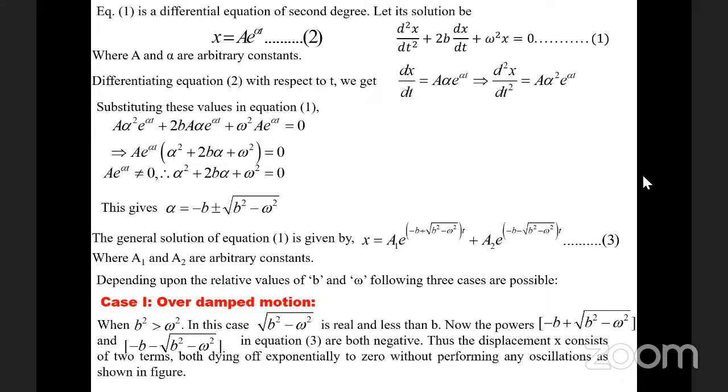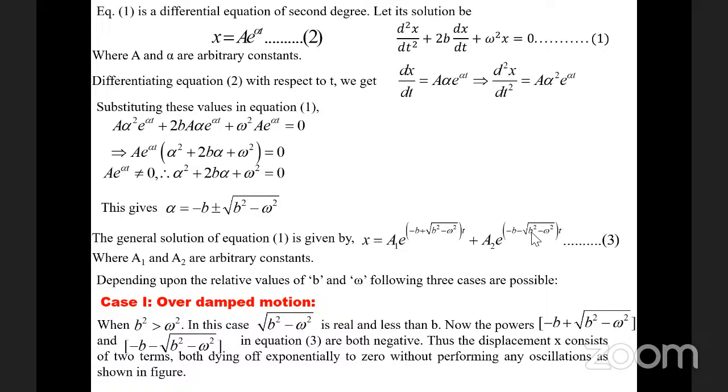Overdamping. When b square is greater than omega square, the square root of b square minus omega square is real and less than b. So the powers in equation 3, minus b plus square root of b square minus omega square and minus b minus square root of b square minus omega square, are both negative.